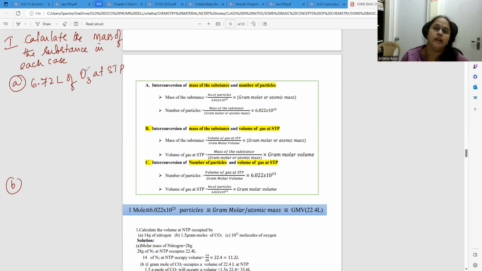Use the formula accordingly. You are finding mass from volume. So which formula should I use? Just see that carefully.